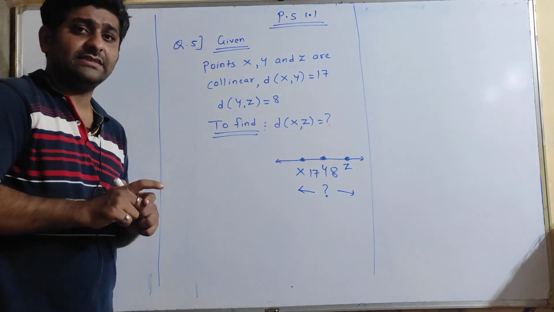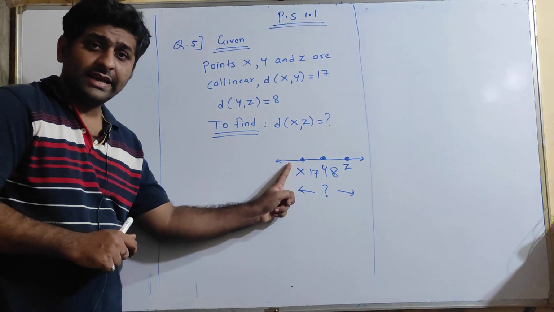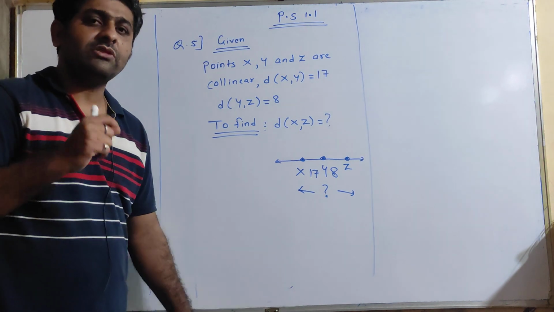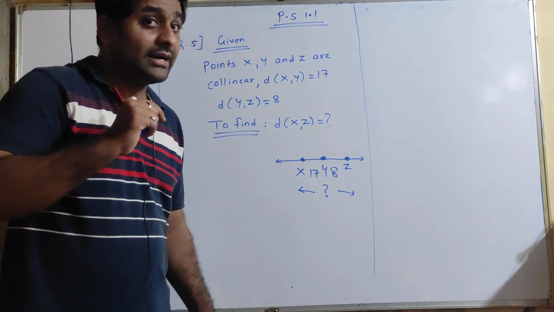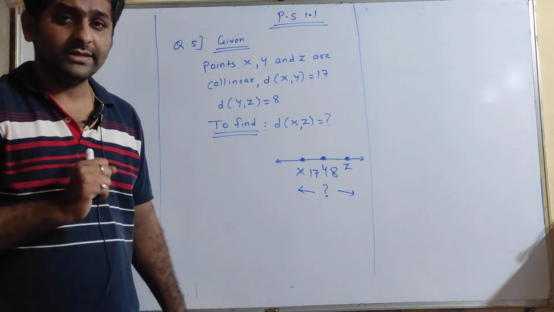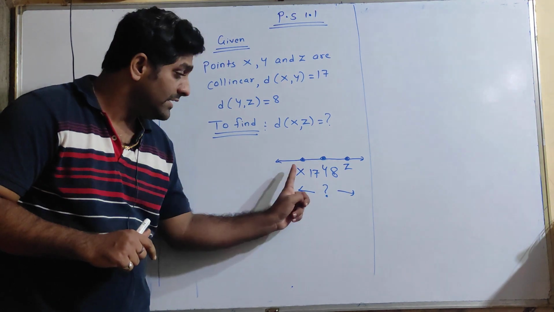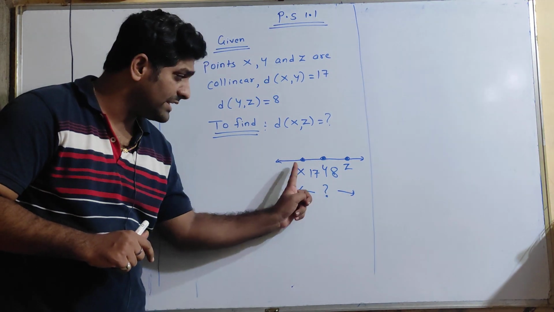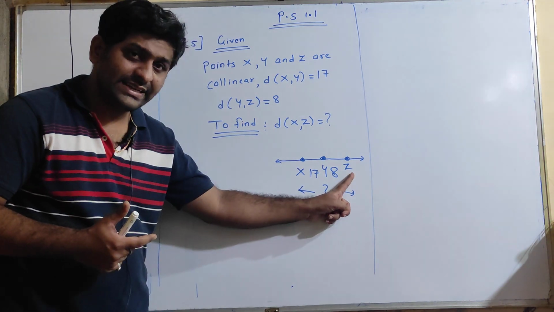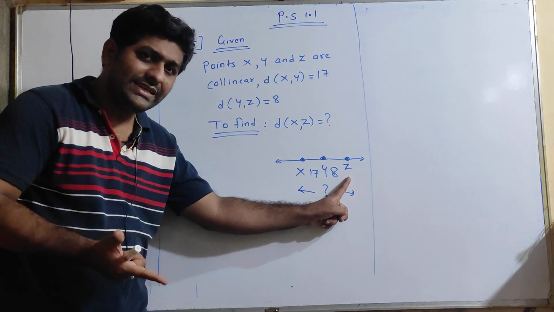Here we can notice that it is X-Y-Z. In the betweenness property I told you a greater distance is always equal to the sum of the two smaller distances. If it is X-Y-Z, according to the figure the greater distance seems to be XZ. Now this XZ is made up of 2 parts, XY and YZ.